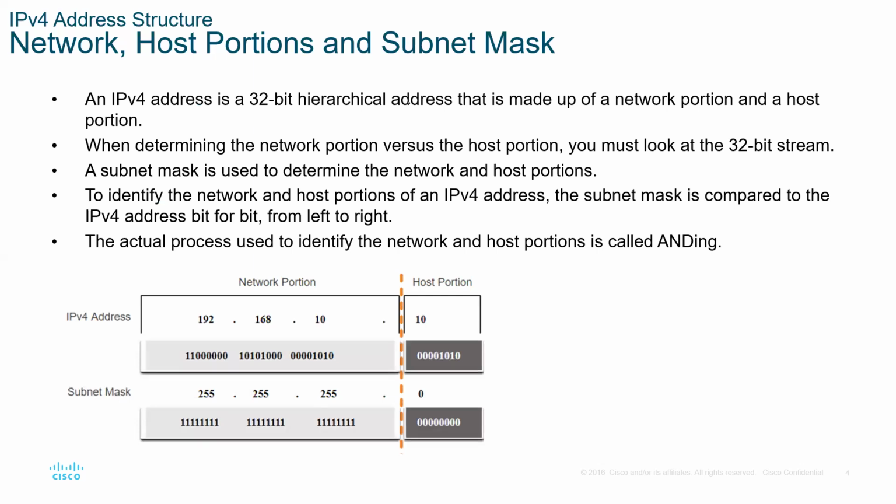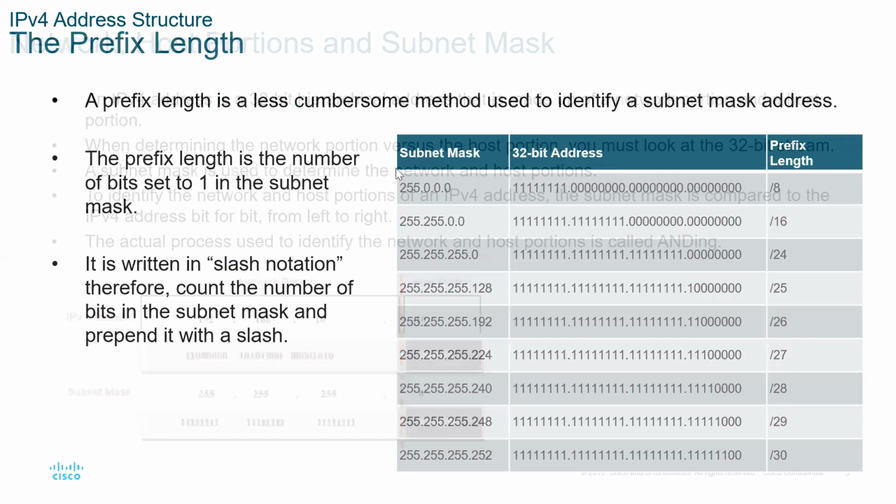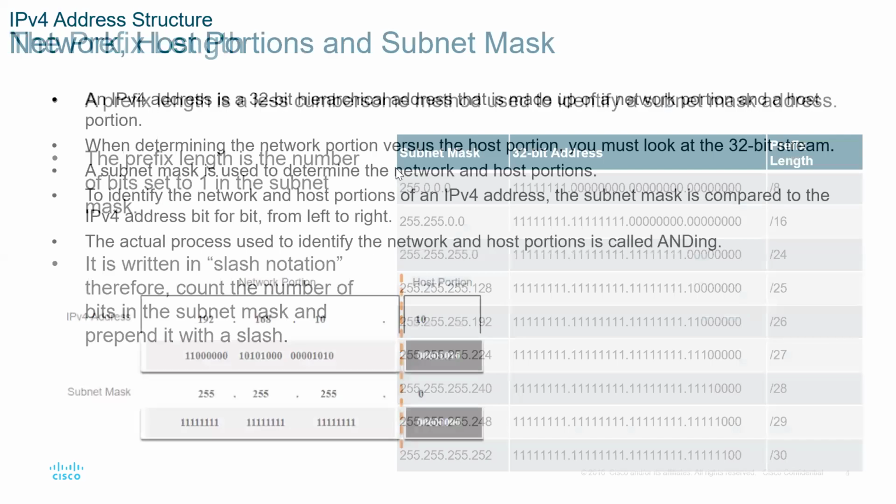An IP address is a 32-bit hierarchical address that is made up of the network portion and the host portion. When determining the network portion, you must look at the 32-bit stream. A subnet mask is used to determine the host portion and the network portion.